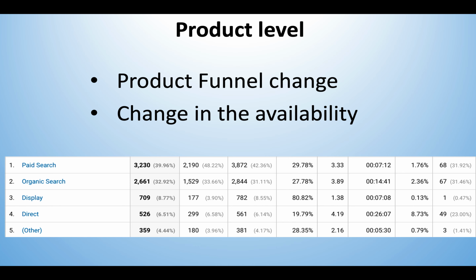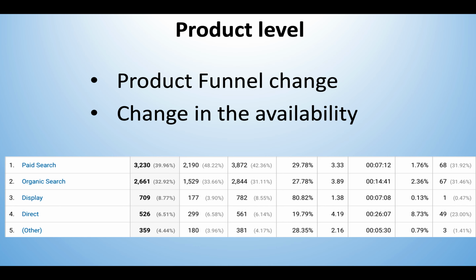If that happened, you will see a CR change not only in your AdWords campaign, but across all the channels. So when you check your organic CR last month versus this month, and compare that with your paid CR last month versus this month, and the change is in the same proportion, then it is caused by your product change, not by your campaign. Then you can stop the analysis there and not do anything in the campaign.